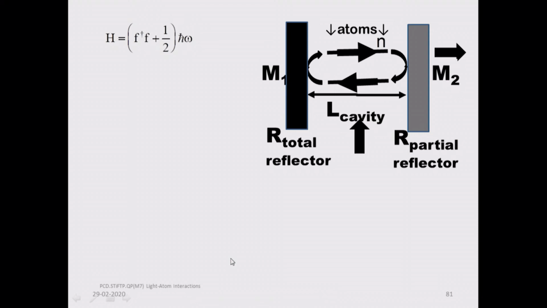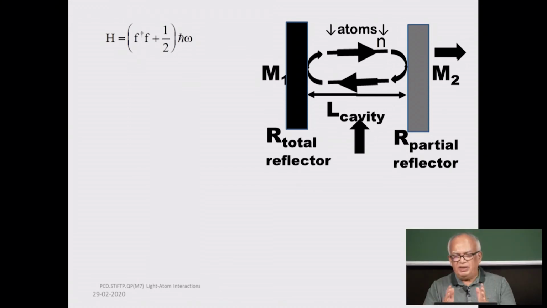So now we are going to consider light in a cavity. It is going to remain trapped. It will get reflected between the two mirrors, and the cavity is between these two mirrors. You have total reflection from one mirror, and from the other mirror you have only a partial reflector, so that light can be extracted out of it.